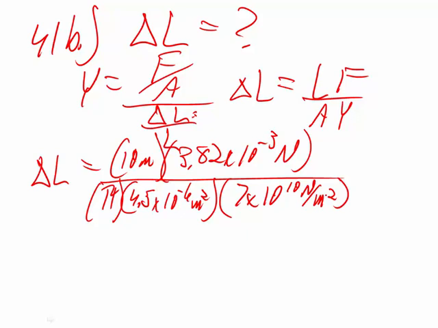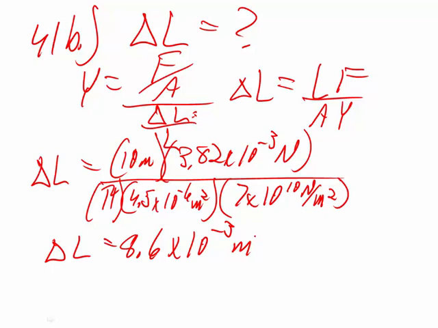Okay. All right, so let's do all that crazy arithmetic. And what do we get? We get a change in length approximately, or very close to, 8.6 times 10 to the negative third meters.